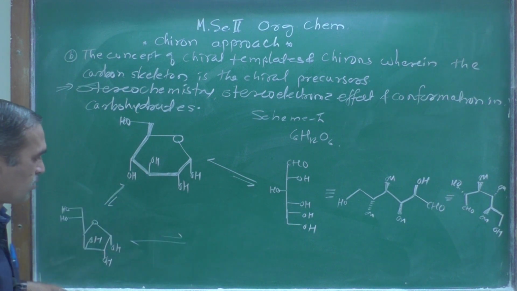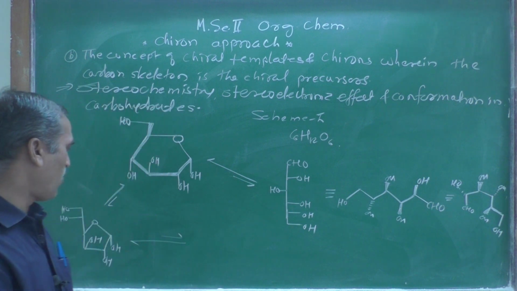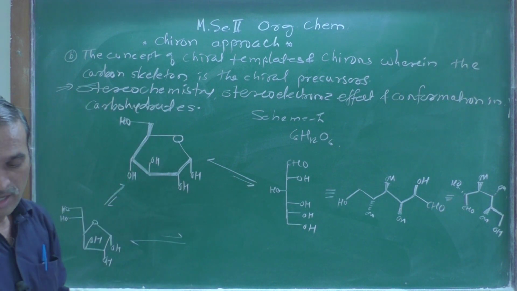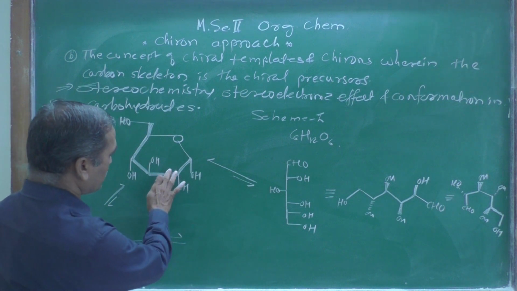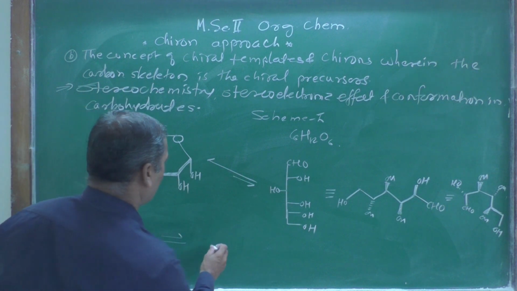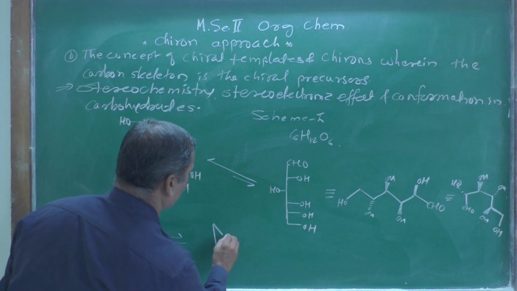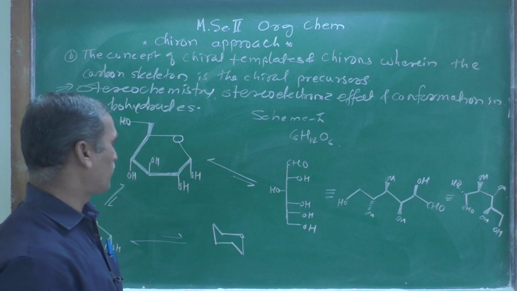But as compared to the open chain, the 5-membered ring exists in a majority form. Again, one more structure: this structure we can also draw in a chair form. There is an oxygen atom, this is a chair form.